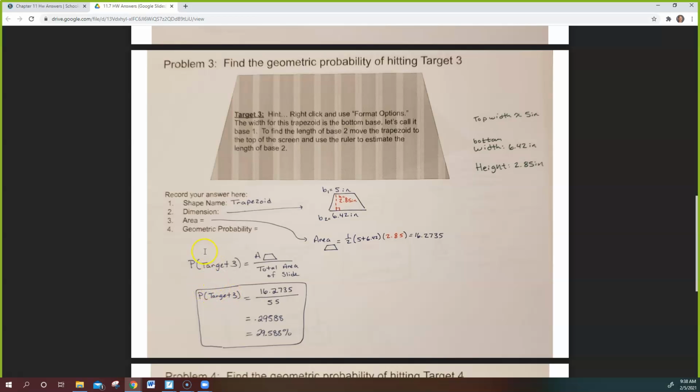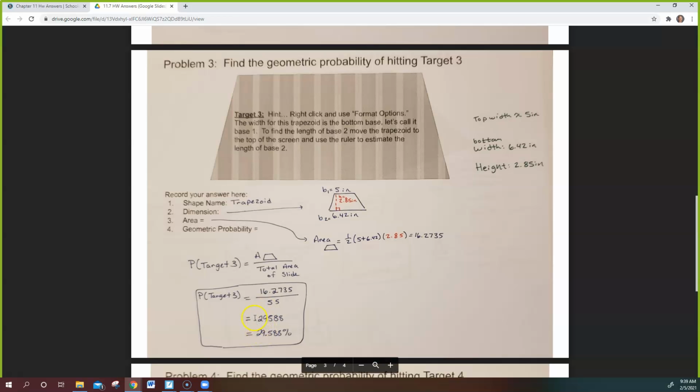So look at how I wrote this. Geometric probability is the area of the trapezoid over the area of the entire slide. So your probability should have been somewhere close to 0.29588. And then I wrote that as a decimal as well. Notice the fraction isn't reduce friendly, so I wrote it as a fraction just so you could compare.